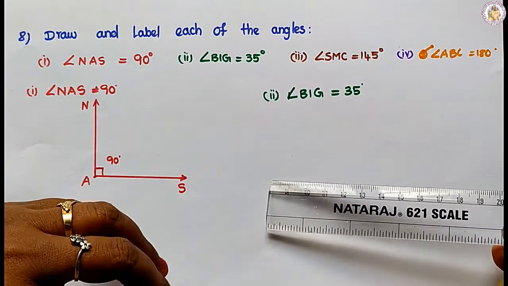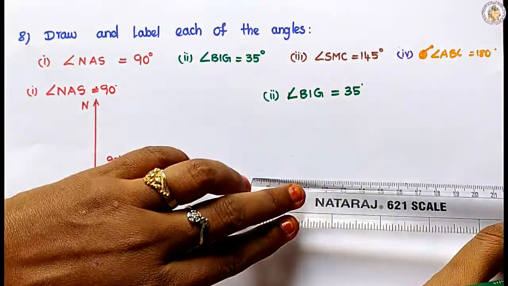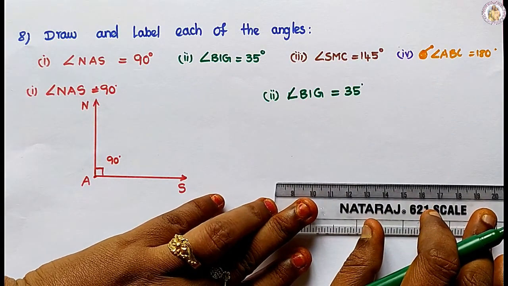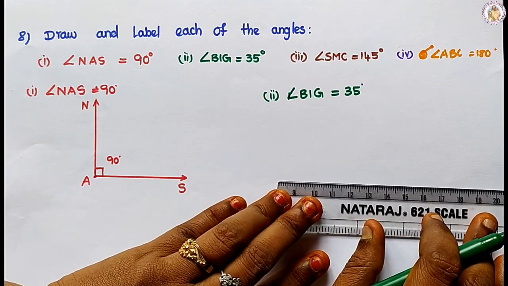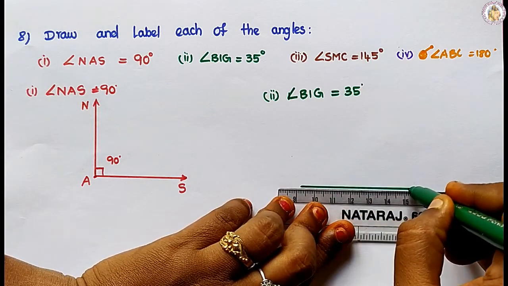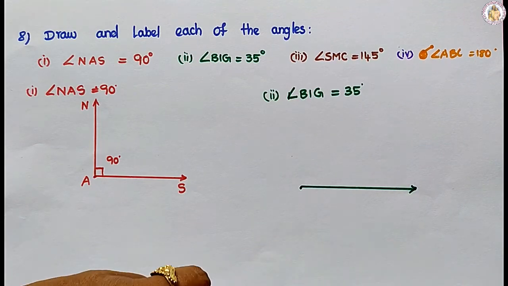Now the second one, angle BIG equal to 35 degrees. Same procedure. Draw a ray. That is the starting point.